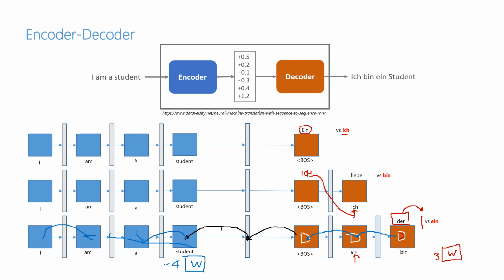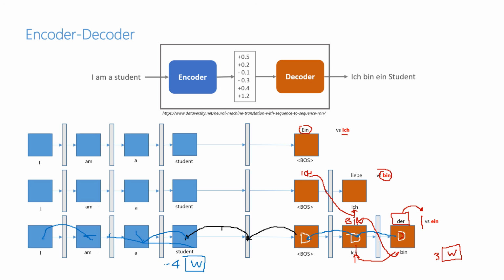Here we would have expected bin, and since bin was the correct value, we feed the network with this value and ask it to provide its prediction.